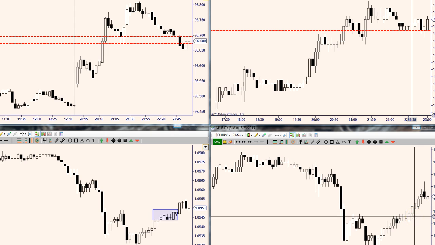So that was a pretty good trade that we didn't take. Had we got in, we would have taken a loss on it. So overall, it was a good trade analysis, even though the trade was skipped, and that's all part of trading.